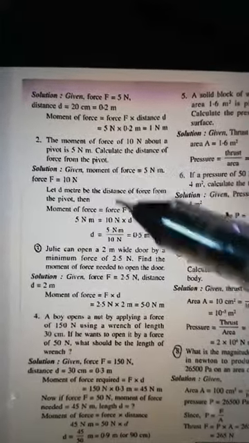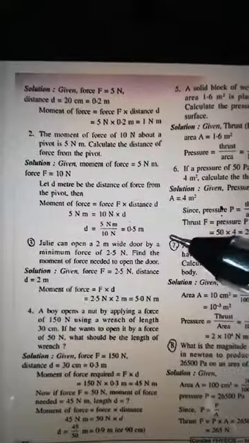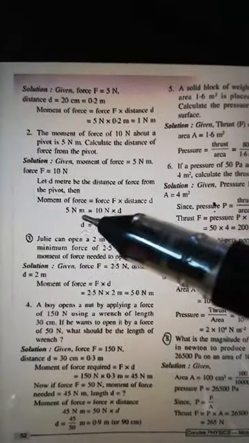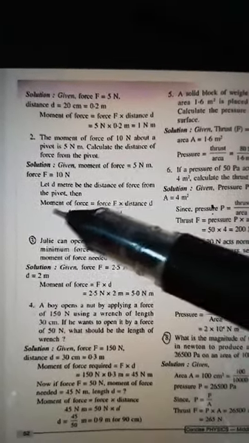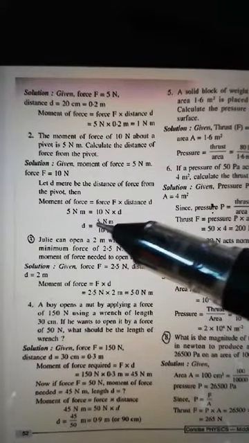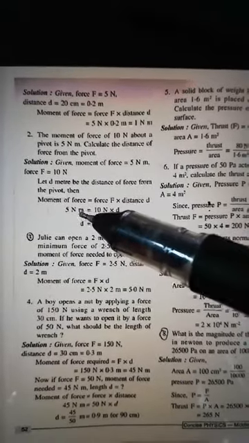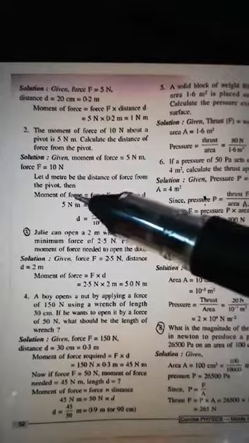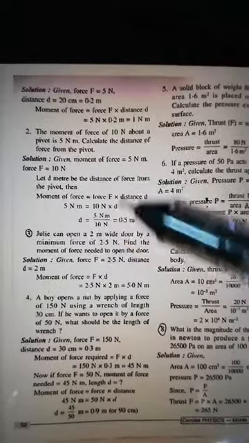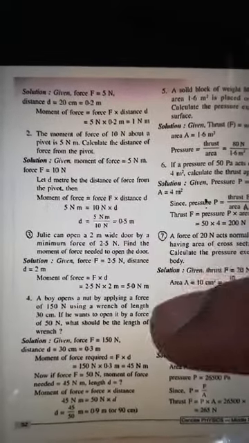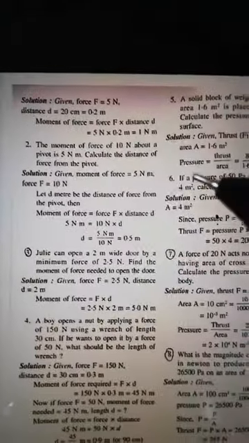Using that formula only, we have to interchange the values. That means we have to change the side of the values. Like what I'm doing, D is in this portion, I'm transferring the moment of force down. Okay, so like this we are doing, and we are going to get the answer.